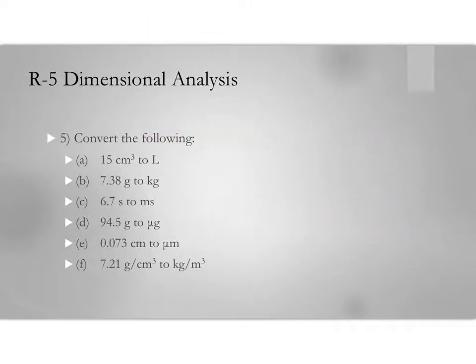Now, next one there, 6.7 seconds into milliseconds. The first two examples, we went from a small unit of measure to a larger unit of measure, and the number got smaller. Here we're going from a larger unit of measure to a smaller unit of measure, so the answer should get bigger.